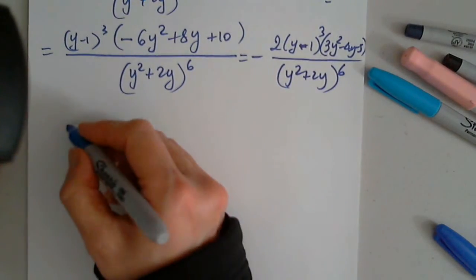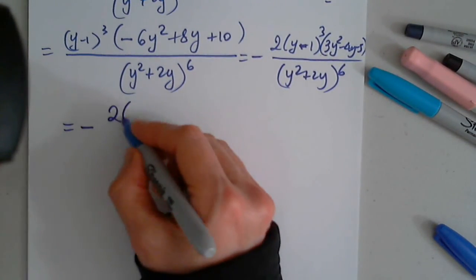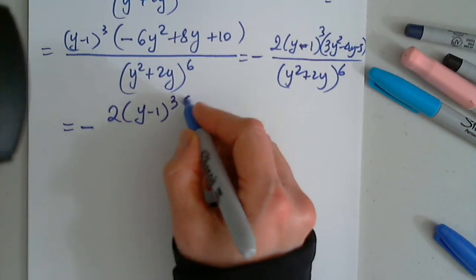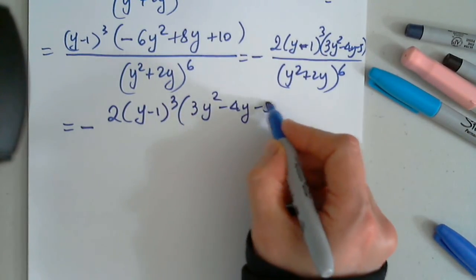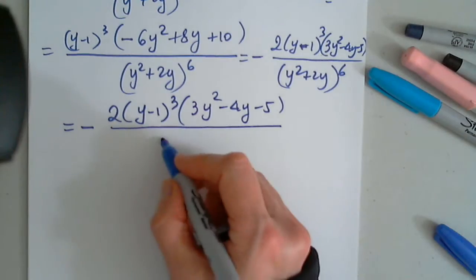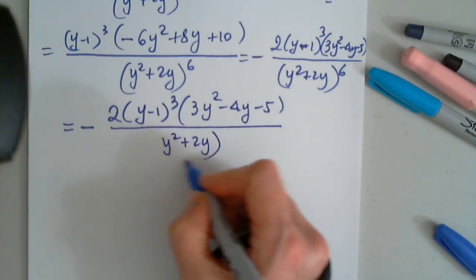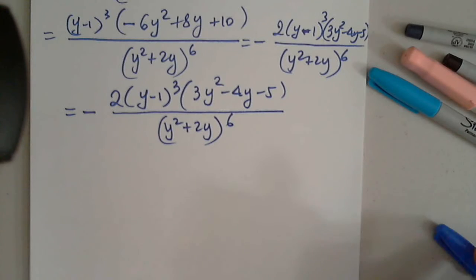I'll write it one more time. It's very clear. 2, y minus 1 to the third. You don't have to write it twice. 3y squared minus 4y and minus 5 over y squared plus 2y to the sixth. A lot of steps, obviously, here.